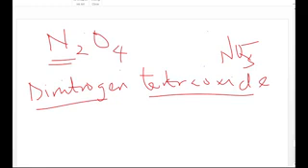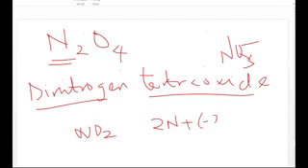Yes, sir. Like somebody said, this is a dimer. So you can also say this is nitrogen(IV) oxide, but it's going to take the same format as NO2. If you calculate the oxidation number of this nitrogen, it will be 2n plus (-2 times 4), everything equals 0.